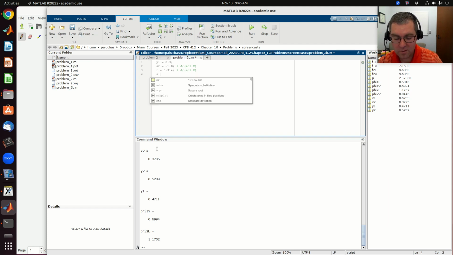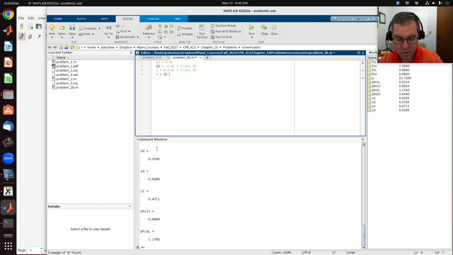Okay, so then S, which is going to be in joules per mole Kelvin, is SR minus R times Y1. Oh, and let me make it easier. That's Y1. Y2 is going to be 1 minus Y1. So SR minus R times Y1 times log Y1 plus Y2 times log Y2.